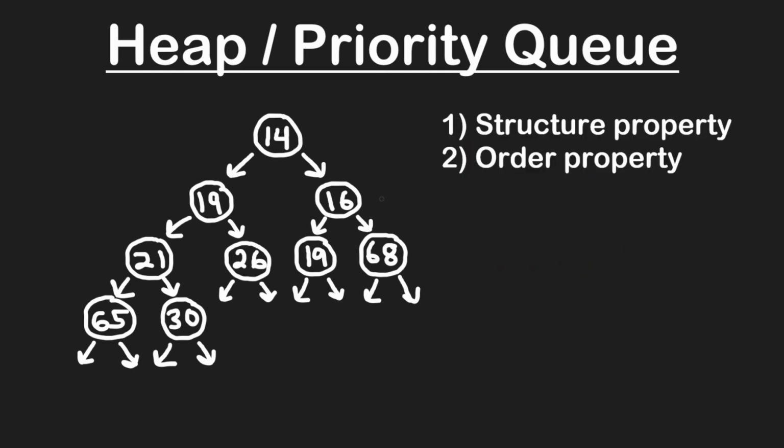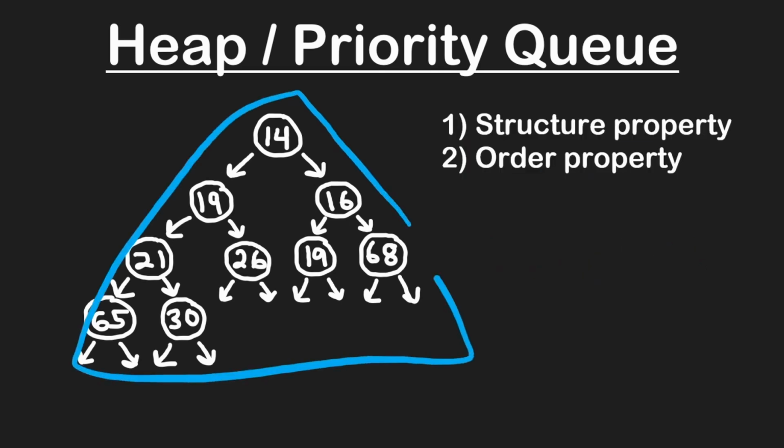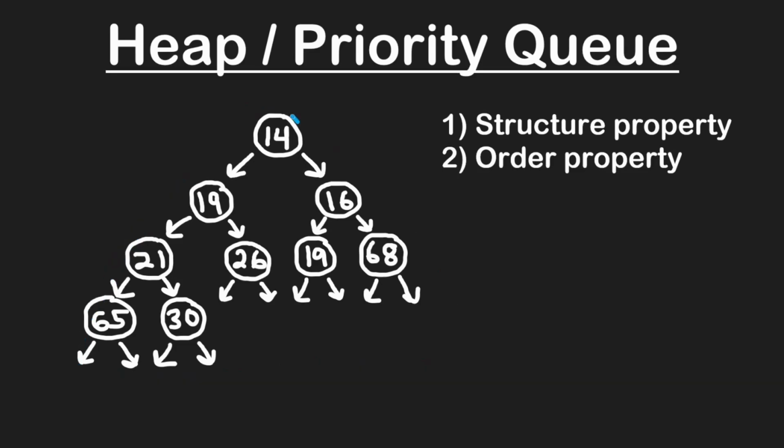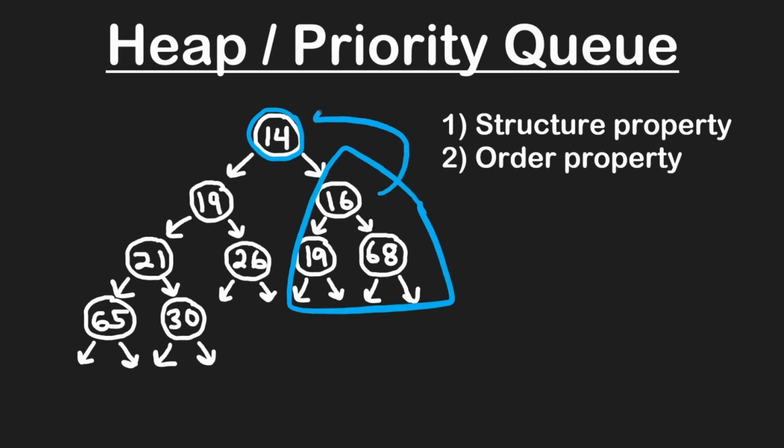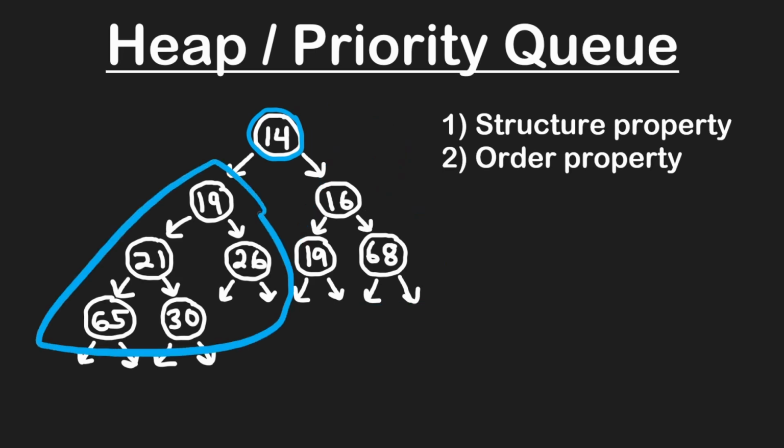Now, at first glance, this looks like a binary tree, and that's because it is a binary tree, but it's not a binary search tree, and you can tell because the root here is 14. With a binary search tree, every value in the right subtree would be larger than 14, which it is in this case, and every value in the left subtree would be smaller than 14, but that's definitely not the case.